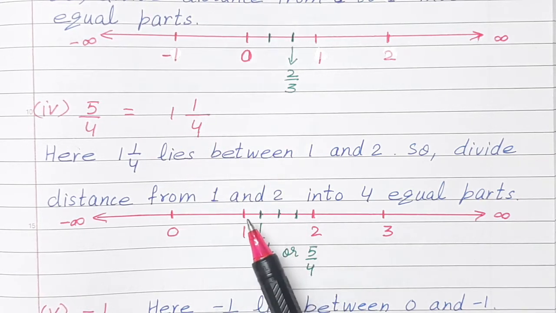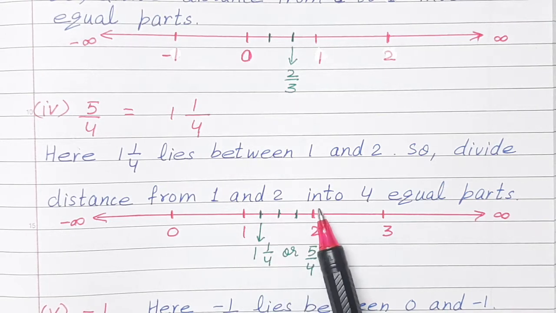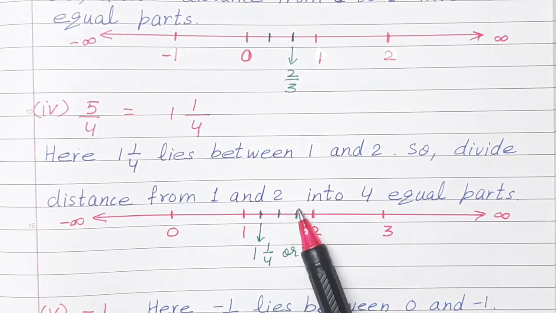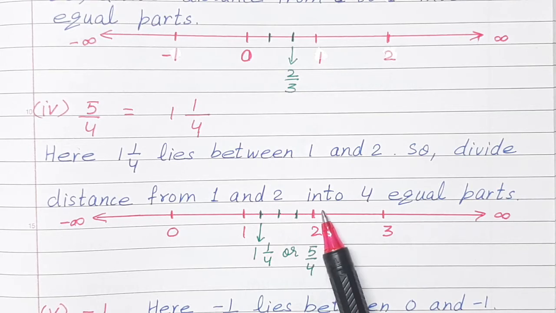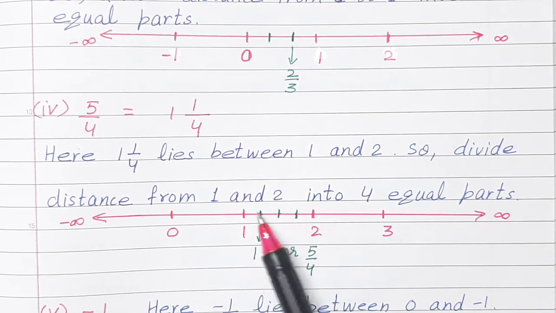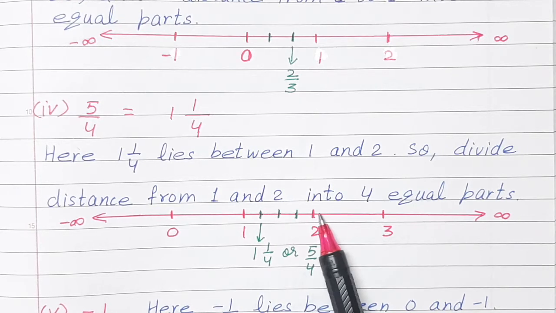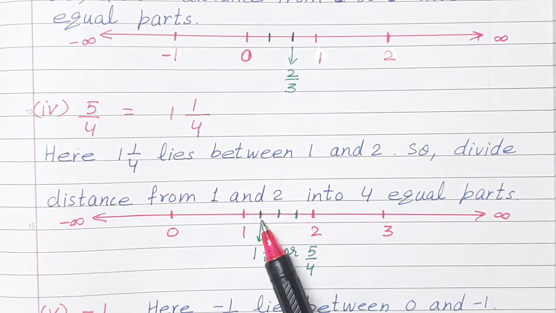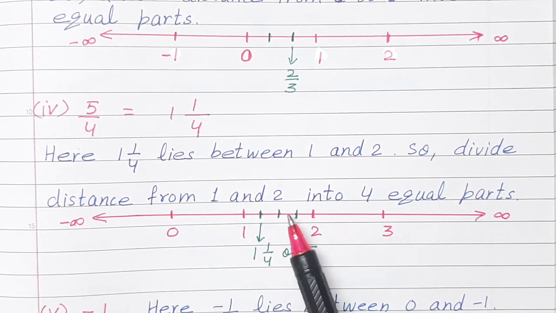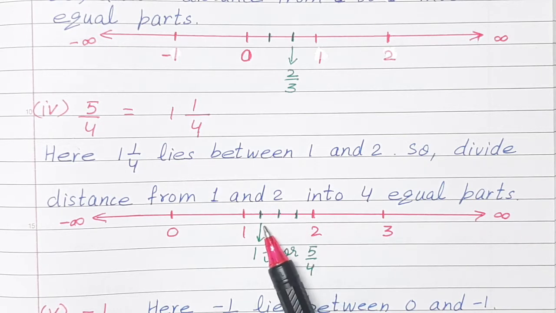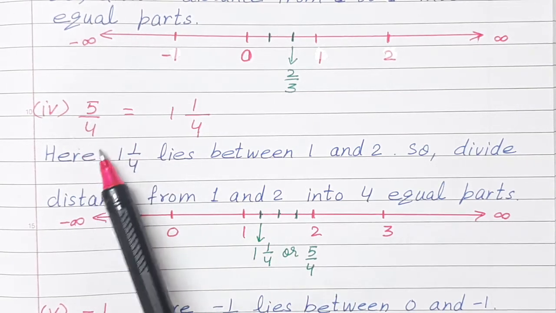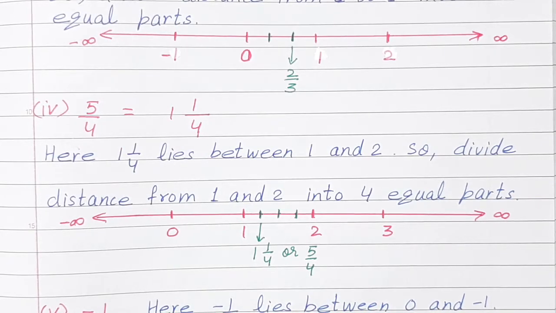So the distance between 1 to 2, we have to make 4 divisions, right? So this is 1, 2, 3 and 4. Now the first one is 1 by 4, 2 by 4 and 3 by 4, right? So the required fraction is the first one, that is 1 by 4, or I can write this as 5 by 4 as given in the question.